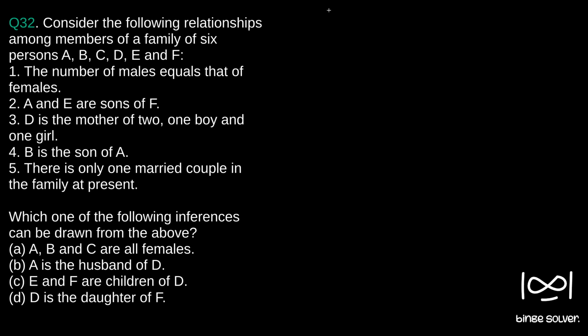So in family relationship problems, I'll be using some notations. You can use your own notations, whichever ones you are comfortable with. Anyway, I will be marking the gender with a square and circle, square for male and circle for female. And parent relationship will be marked like this.